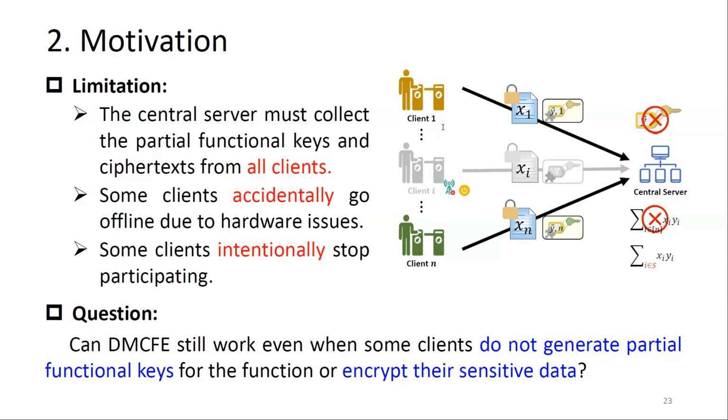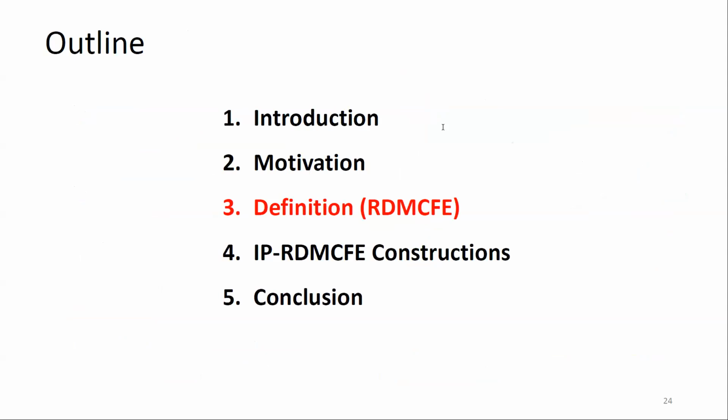So, an interesting question arises naturally. Can DMCIB still work even when some clients don't generate partial functional keys or input their sensitive data? We solve this problem by introducing a new definition for robust decentralized multi-client functional encryption, RDMCIB in short.